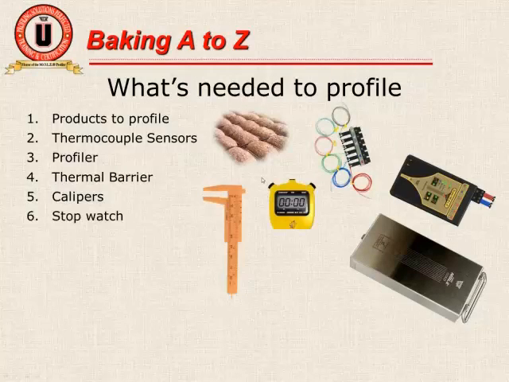A stopwatch, you might think, well, good grief, I'm measuring time and everything else, but this is to help remind you what time it is and when to be at the end of the oven to catch all this stuff out the other end. A very important piece to have with you. Pencil and paper, we'll tell you about that in a minute, but have that handy. You will need it.